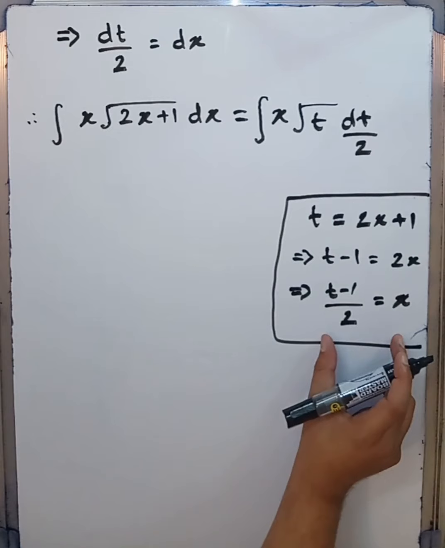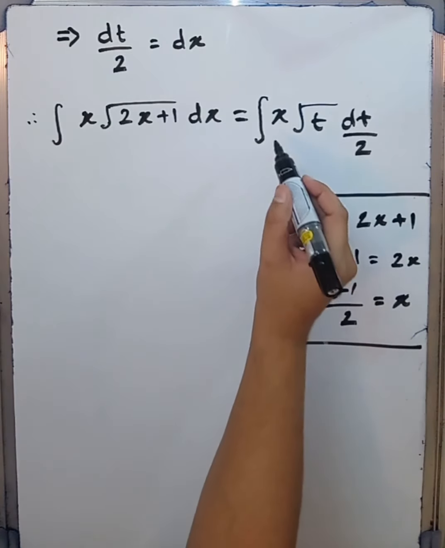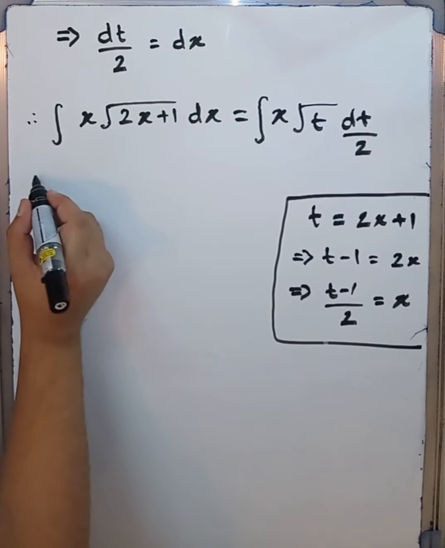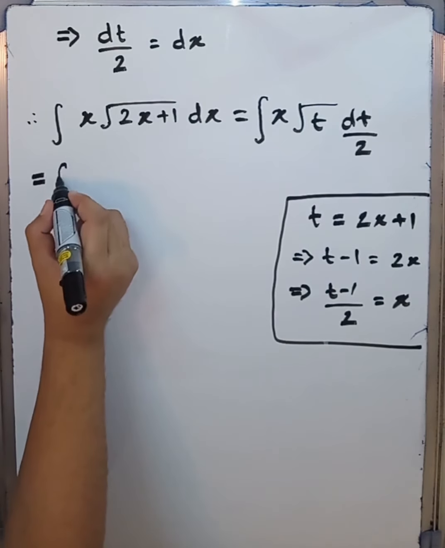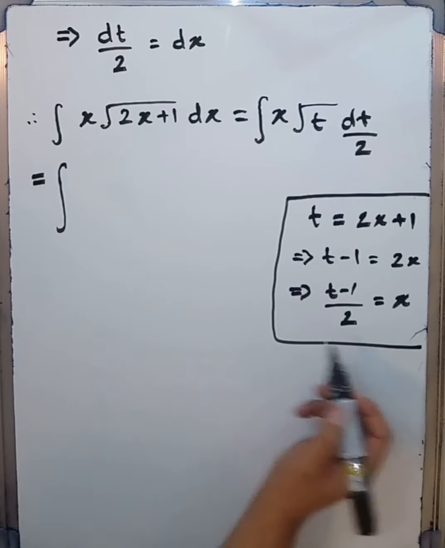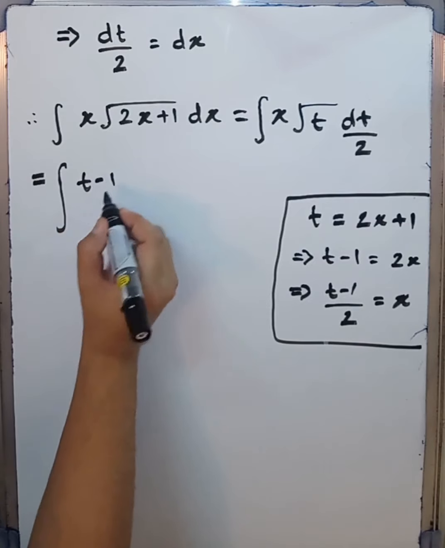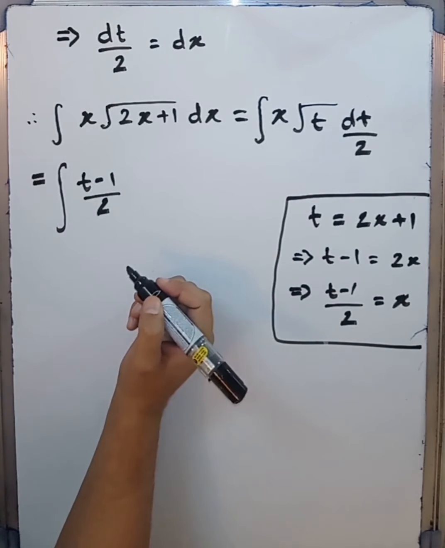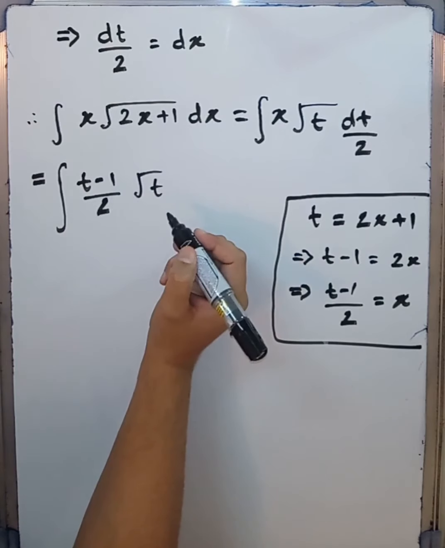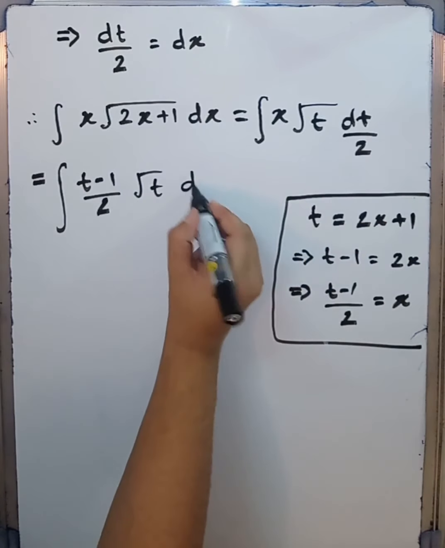This expression we will substitute here, and the integral now becomes integral x, that is t minus 1 by 2, multiplied by root t, dt by 2.